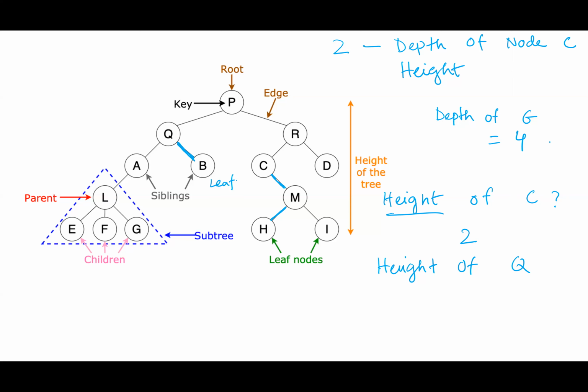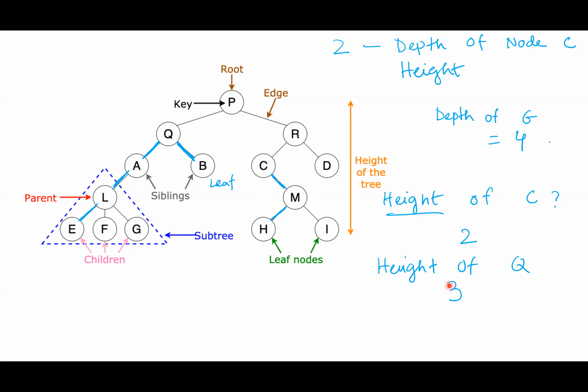So the number of edges between Q and the leaf node is 1 if I consider B, but that's not the height of Q because we have a longer path, right? So I have to take the longest path. If I go to A, then L, then say E, you see that I have a path of length 3. So the height of Q is 3. So there goes the height.